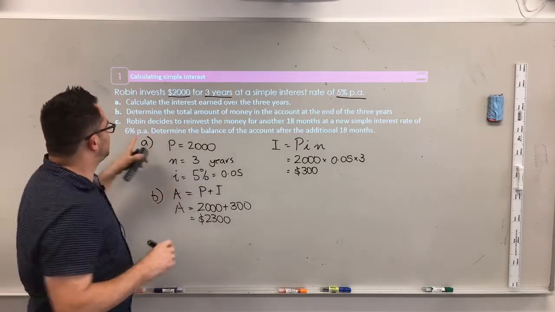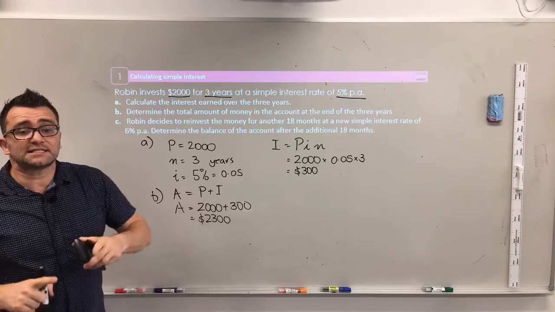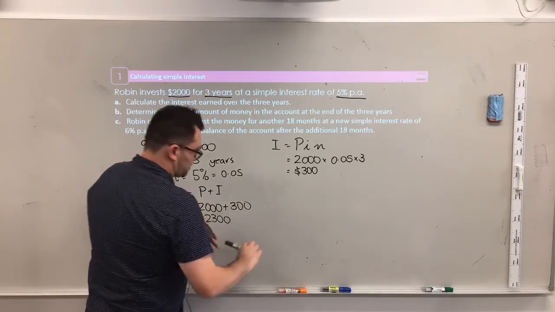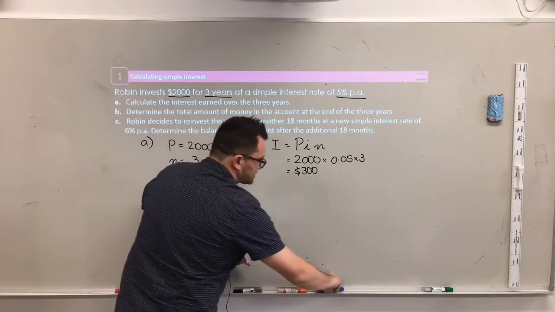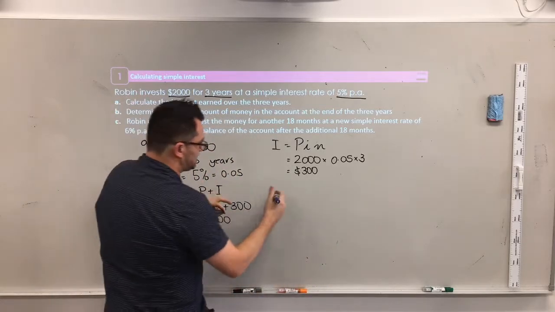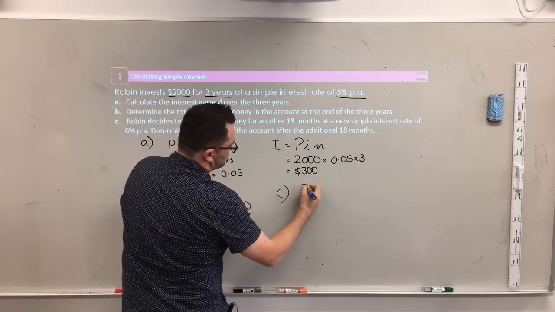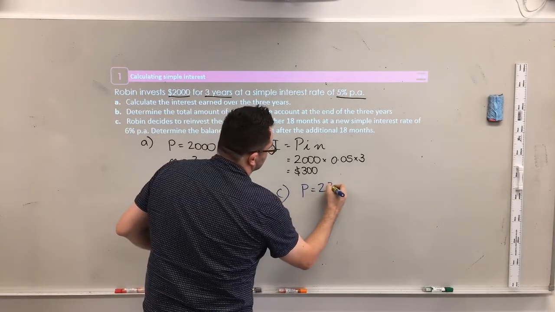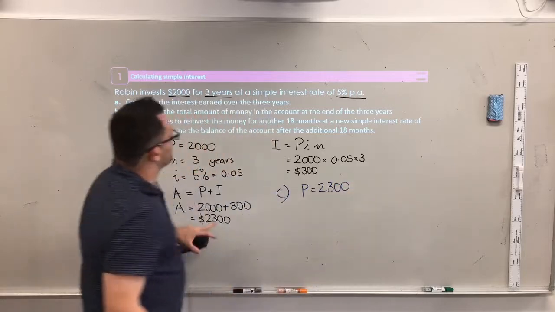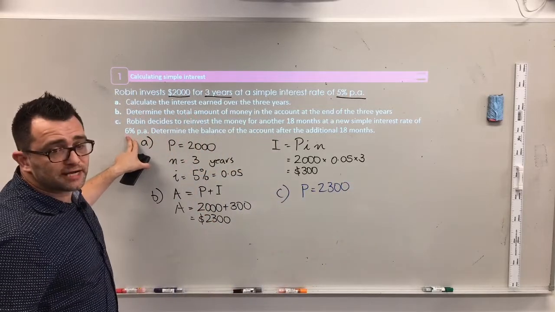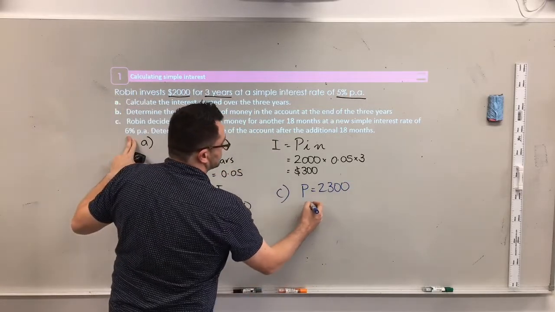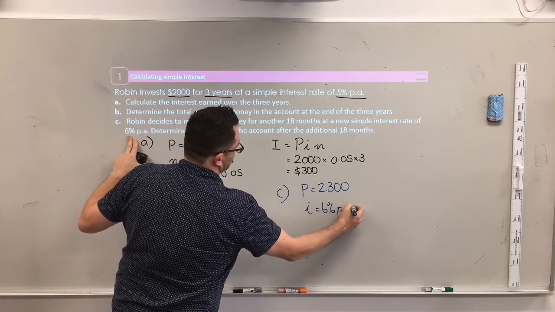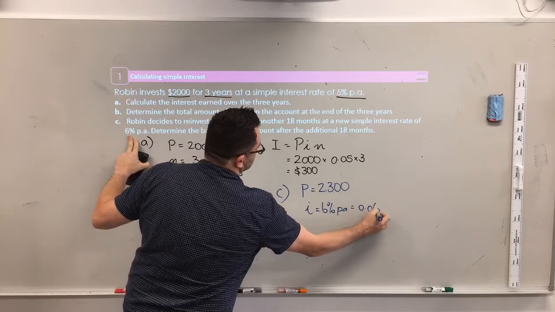So at this point here, we are starting with the final amount from the previous question. So I'll switch colours, hopefully it comes up. So for part C now, our principal is equal to the 2,300. Our interest rate has changed. Now our interest rate is 6% PA, which is 0.06.